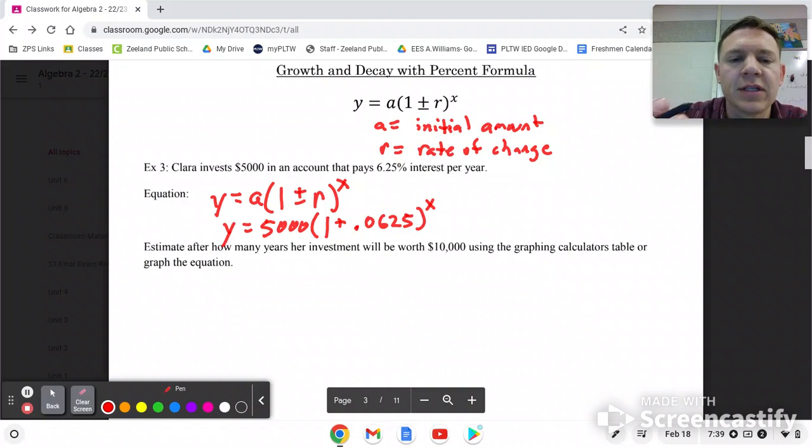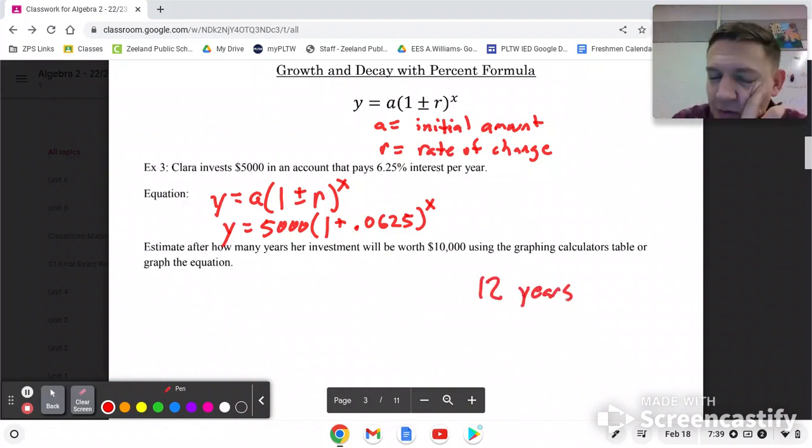The Y's will be less than 10,000, and eventually they'll be bigger. The year that it becomes bigger is how many full years it would take. In this case, you should get 12 years.